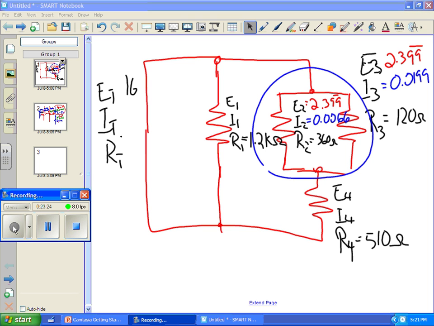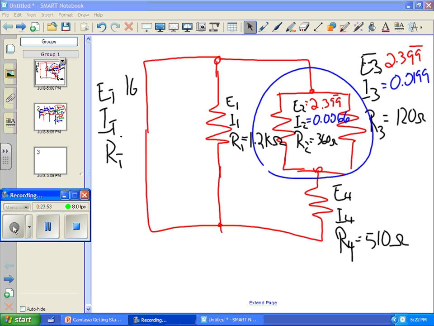We broke it down, we simplified, and then we solved the totals. Then we went back to the next simplification before that, and we plugged in the thing that is most important in that kind of circuit. In series, we plug in the current. In parallel, when we're going back up, we want to plug in the voltage. And that's as hard as a parallel problem is going to get.